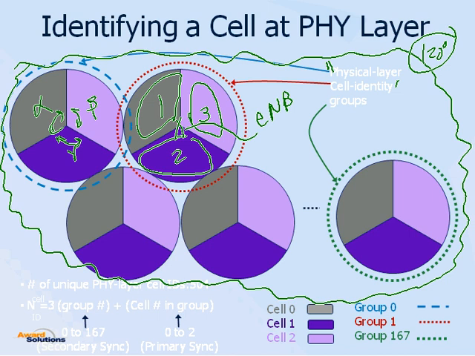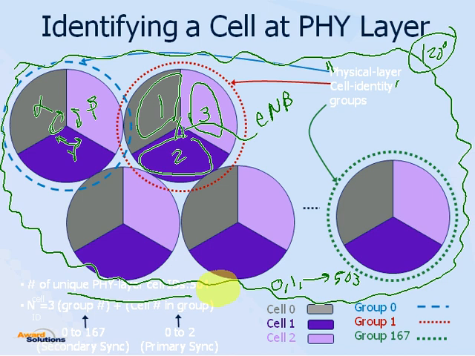So we have to do the network planning such that we allocate one value out of 504. So the cell ID goes from 0, 1 all the way up to 503. So we allocate cell IDs to every single cell, every single sector.